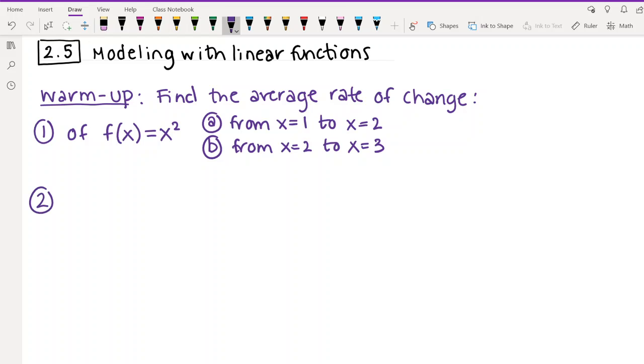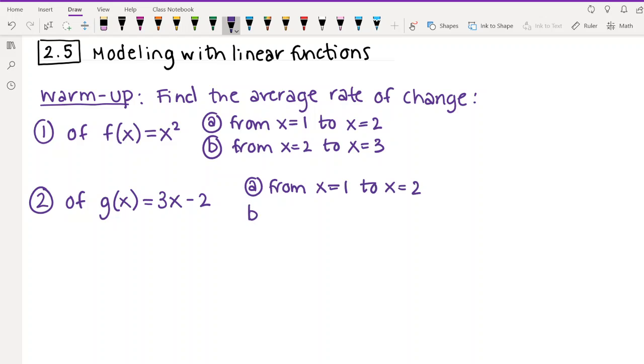The second function is g of x is equal to 3x minus 2, and we're going to do the same two sets of x values. So basically we're finding the average rate of change in the same parts of the graph, but with two different graphs. I'd encourage you to pause the video, try this yourself, and then we'll go over it together.